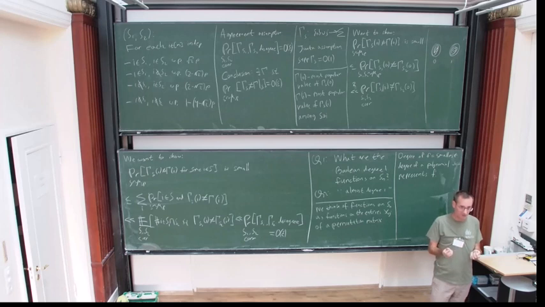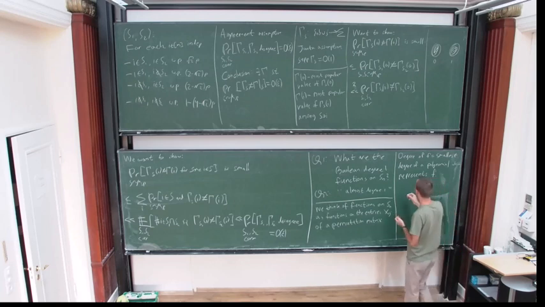And actually, the ideal generated by these identities leads to all the functions which are identically 0 on the symmetric group.